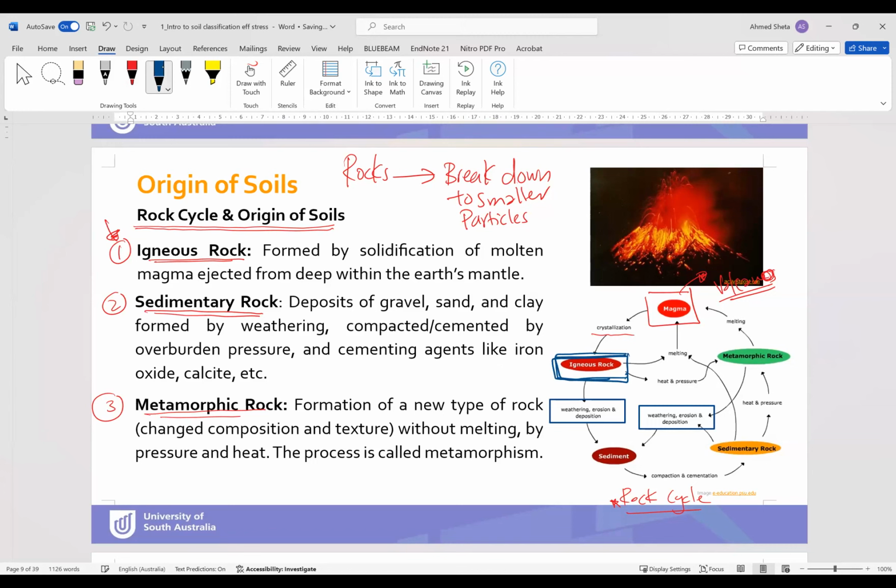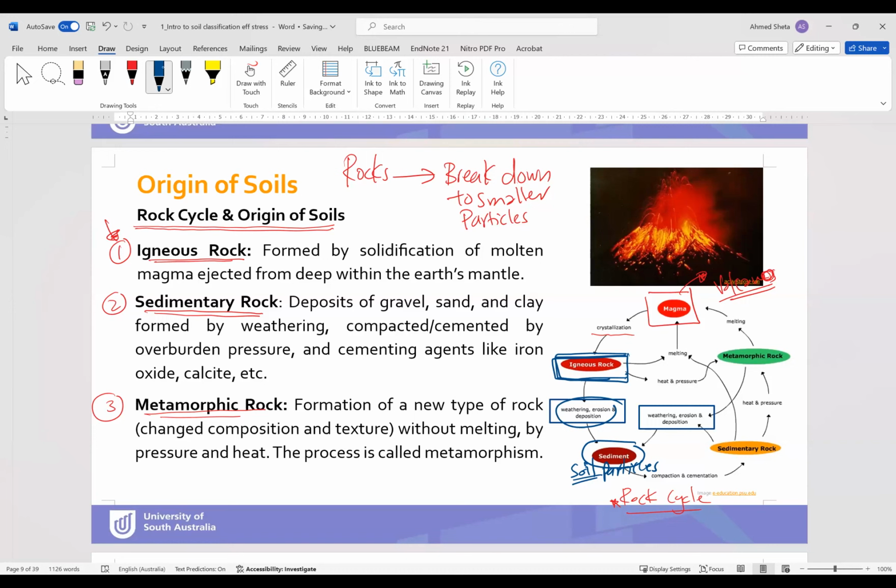Due to weathering, erosion and deposition, it causes our soil or sediments. So sediments are the soil particles. This is the main source of soil on Earth: magma crystallizing to form the igneous rocks, and then after weathering, erosion, wind and deposition, it causes the sediments or the soil particles. Then sediments again accumulate and form a type of rock called sedimentary rock, and the cycle repeats.